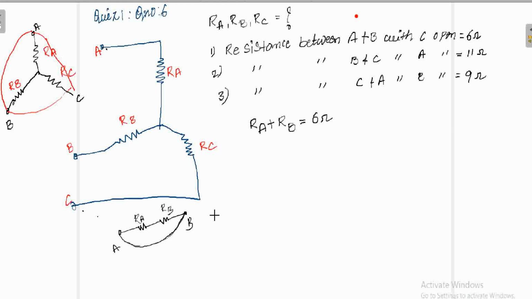Similarly, if I consider between B and C, this branch is eliminated.